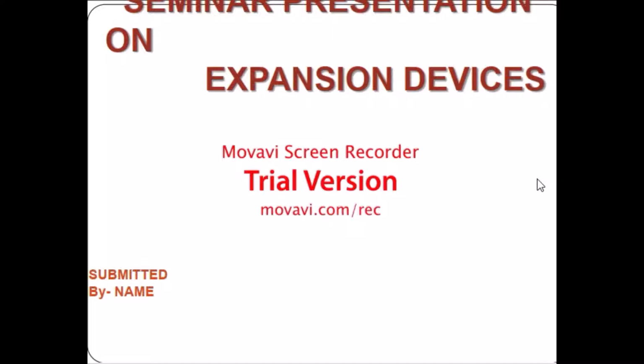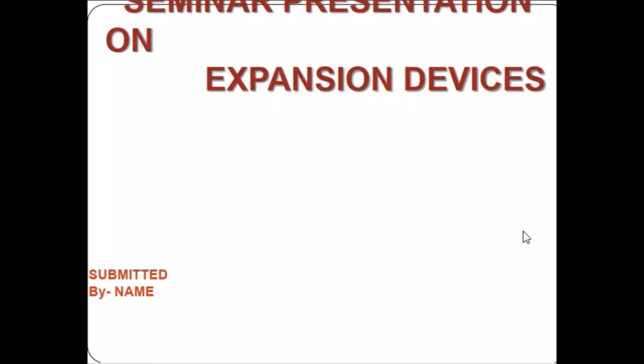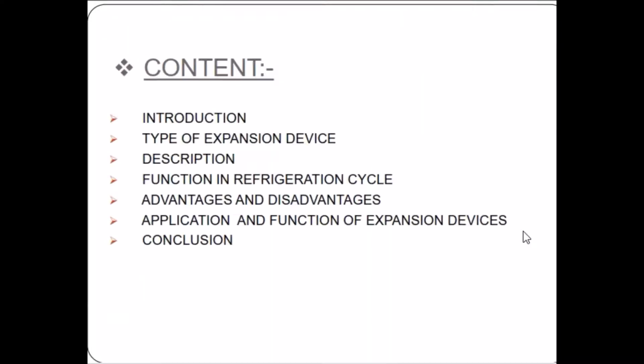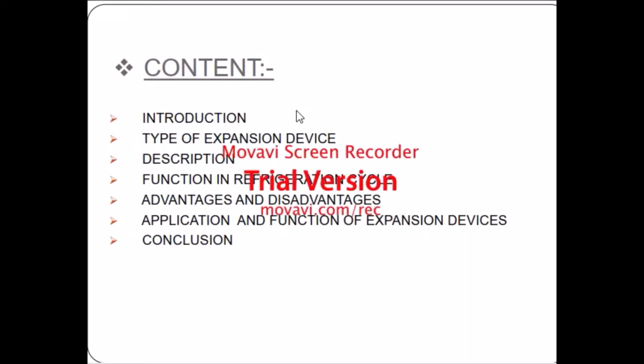We will study expansion devices in depth, covering the introduction to the expansion device, types of expansion device, description, function in the refrigeration cycle, then advantages and disadvantages of expansion devices, and second last, application and function of expansion devices.